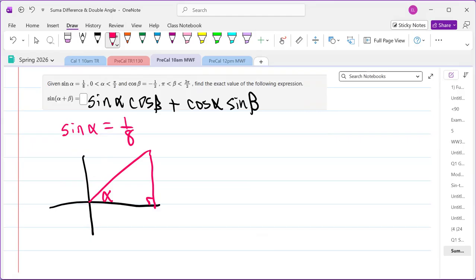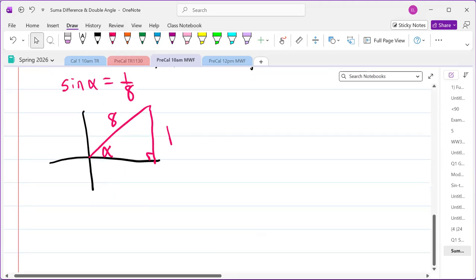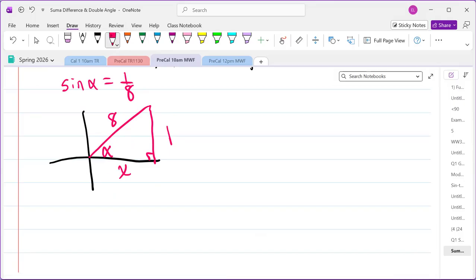And now we're just going to fill in what we know. We know the sine of alpha is 1/8, some old hippie, O over H. So that is 1 here and 8 up here. So we need to solve for the third side so we can label what the cosine of alpha is. So Pythagorean theorem, x squared plus 1 squared equals 8 squared.